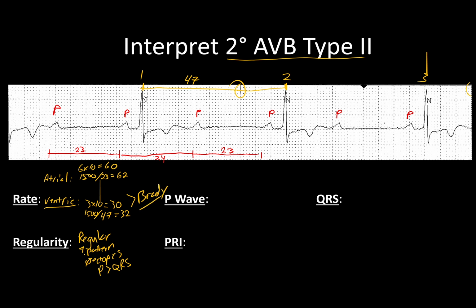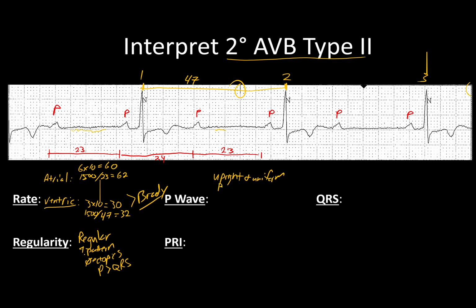Well, we've established that we have regular P waves. We have more P waves than QRSs. So let's finish out what we would normally say, which is that these are indeed upright and uniform. I realize there are some variances with these, but if you'll notice, the isoelectric line also has some variance, and that's likely due to artifact, a little bit of either motion or muscle related.